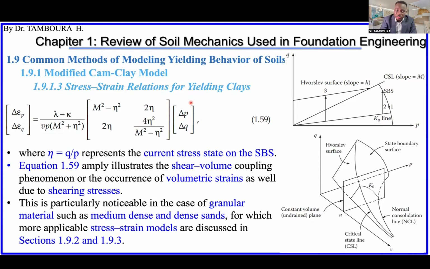This relationship is very important because we need it. And M is just the slope here, I don't need to tell you that again. We also talked about this v_p and this lambda previously.